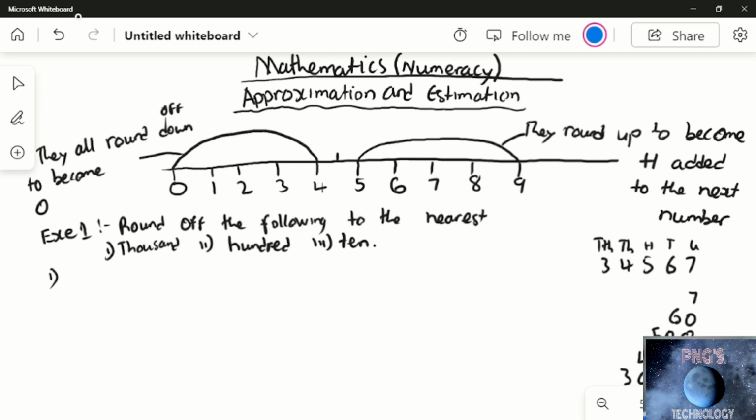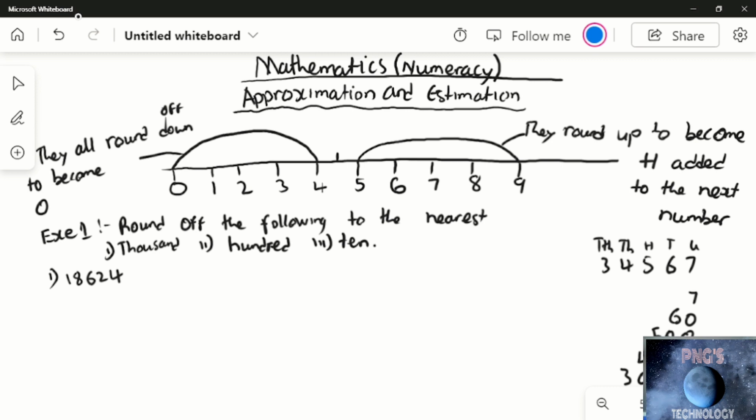Then our number 1. In each question we have to round to the nearest 1000, 100 and tens. So number 1, they gave us 18624. So we are rounding 18624 to the nearest 1000, 100 and 10.